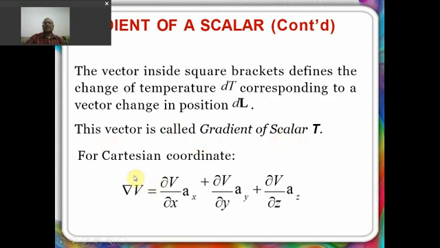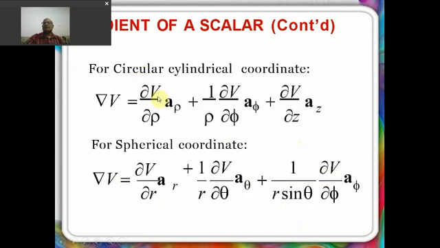For the Cartesian coordinate system, we have del V by del x ax, del V by del y ay, del V by del z az. And for circular cylindrical coordinates, the same is del V by del rho a rho, 1 by rho del V by del phi a phi, del V by del z az, because in the cylindrical coordinate system there are three coordinates, rho, phi, and z.